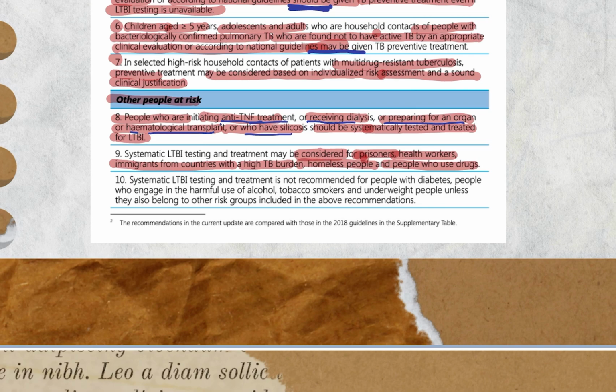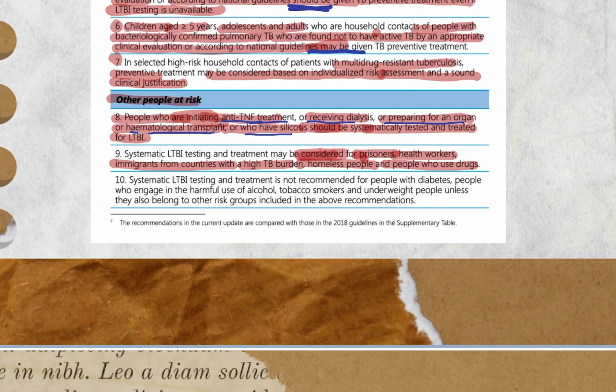We can consider them for testing, but in the previous groups we should systematically test and treat. In these people, we can consider prisoners, the doctors or healthcare workers, immigrants from countries with a high TB burden, homeless people, or people who use drugs.